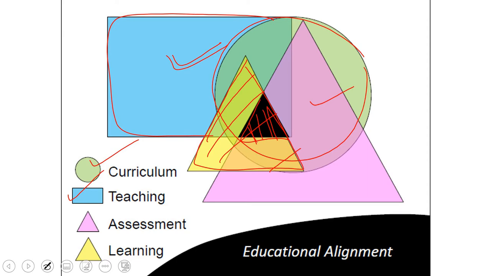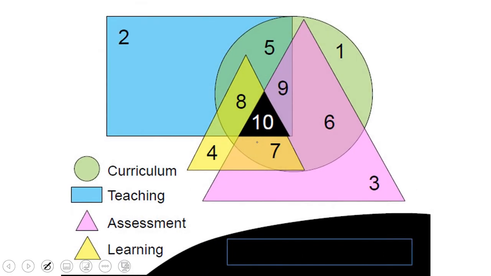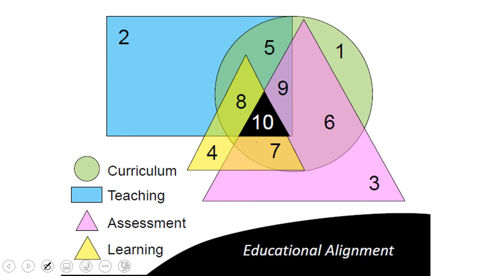So what is important to understand is that we have to align this, and for alignment you have to synchronize all your activities. Curriculum alignment should be there with the teaching methods and with the assessment, so that you can rest assured that learning has occurred.